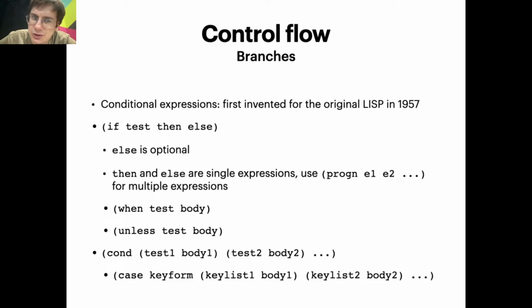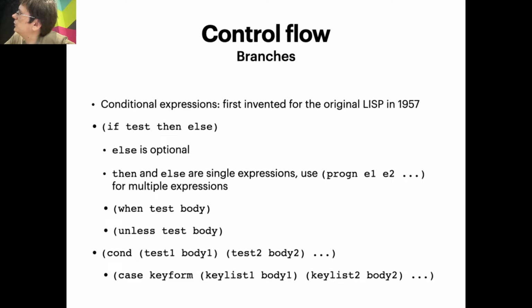And if the test is negative, then it evaluates and returns the else argument. And else in this form can be optional. Also, then and else are single expressions there.